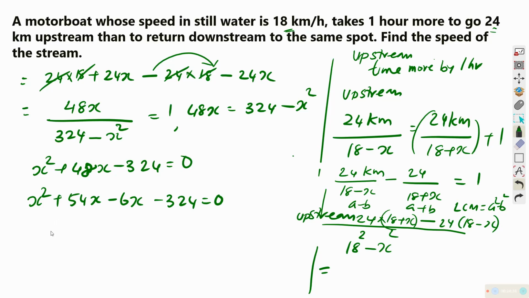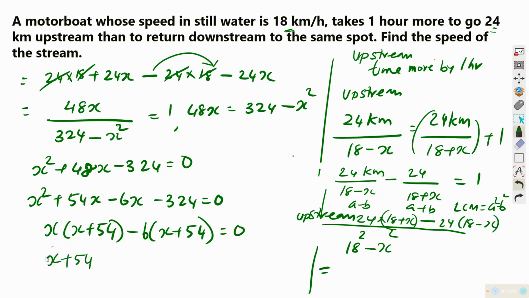Okay, so we will write accordingly x into (x plus 54) minus 6 into (x plus 54), which is equal to 0. That means either x minus 6 must be 0 or x plus 54 must be 0. Correct?